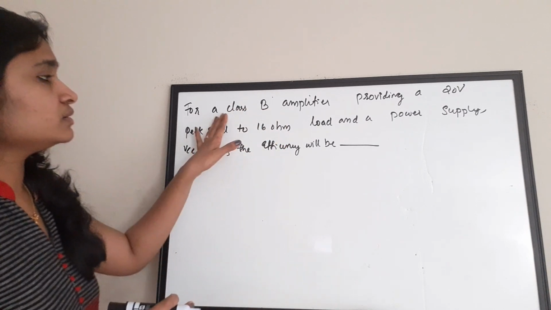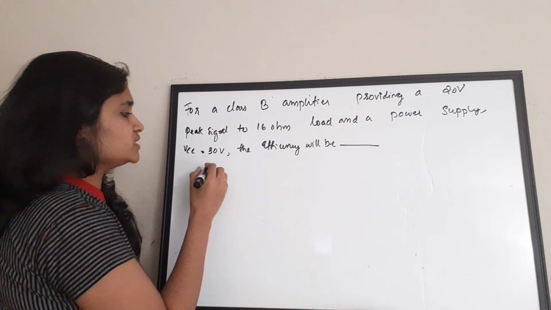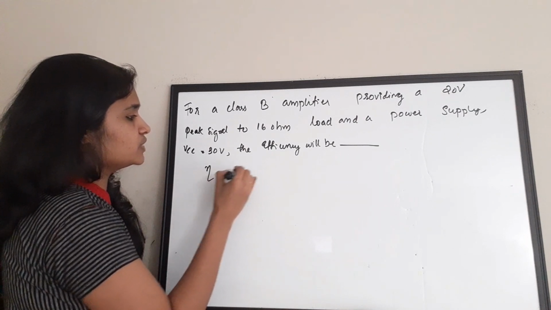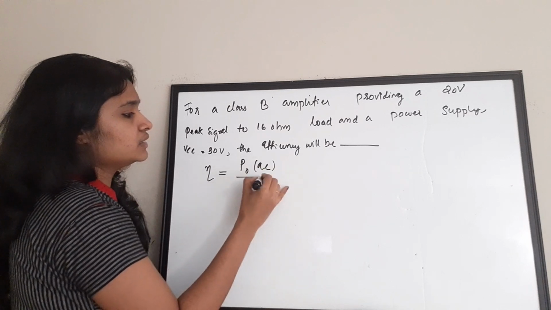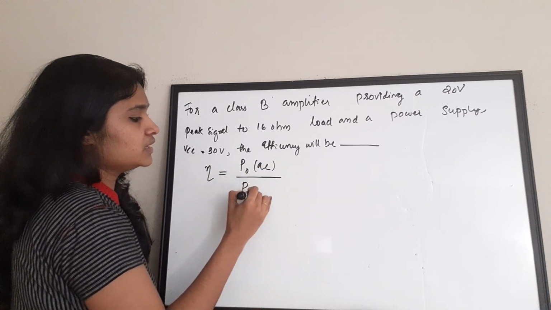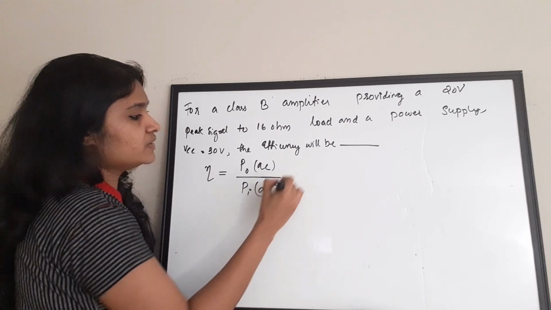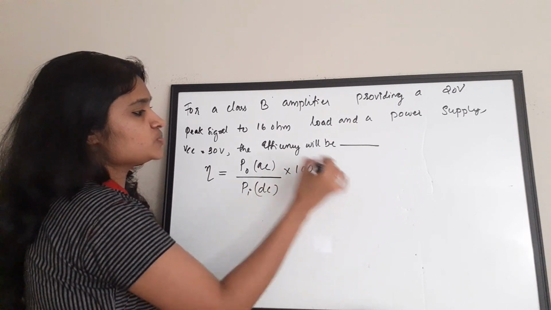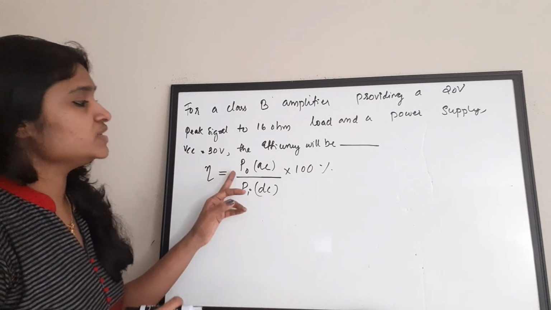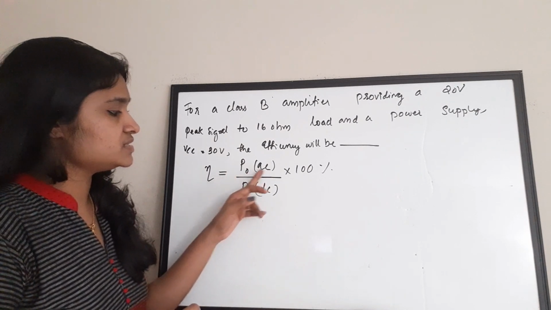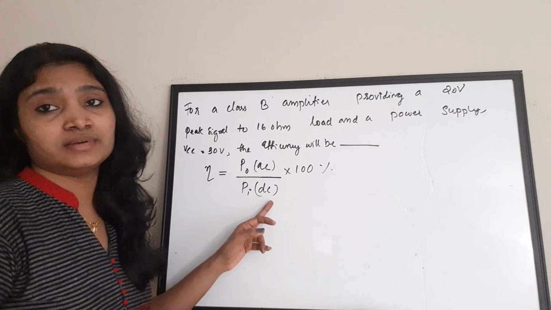The equation for efficiency eta is equal to P out AC, that is the AC output power, by input DC power, into 100. This much percentage will be the efficiency of this class B power amplifier. So we need to find the value of P out AC by P input DC.